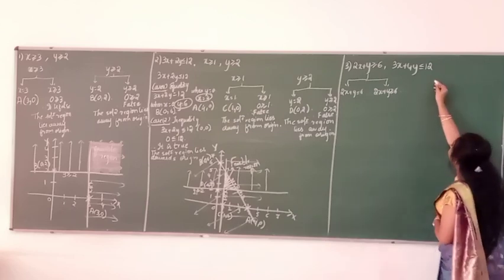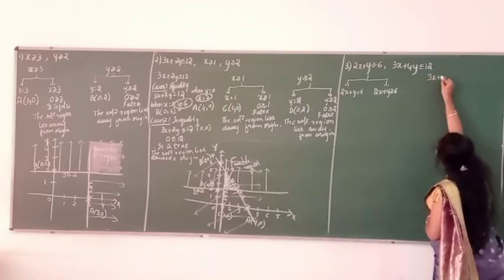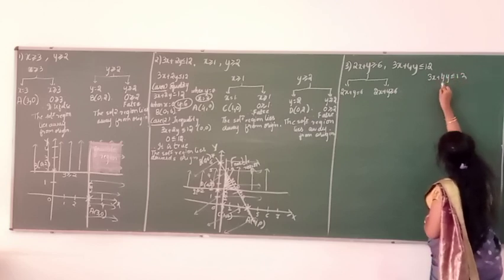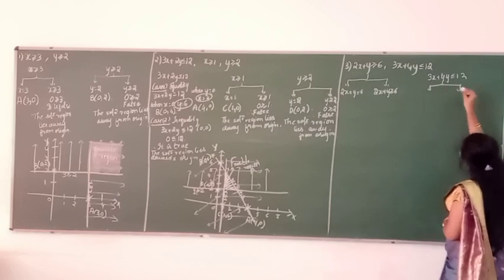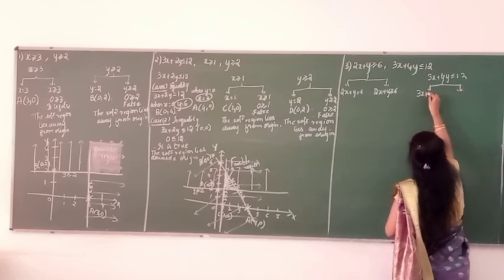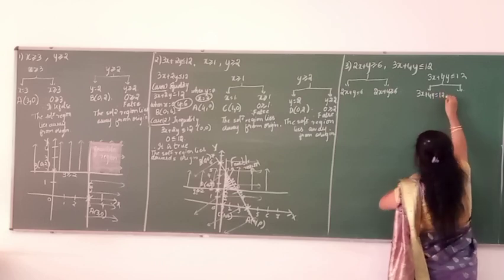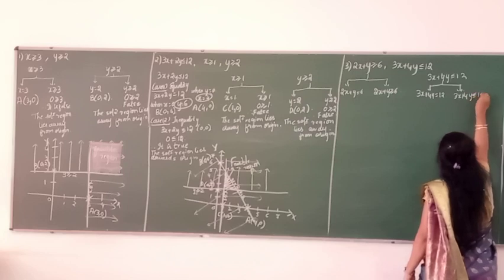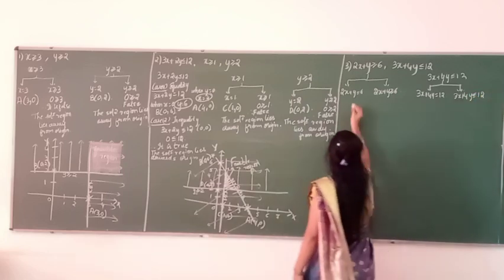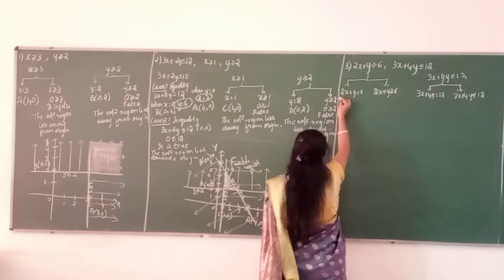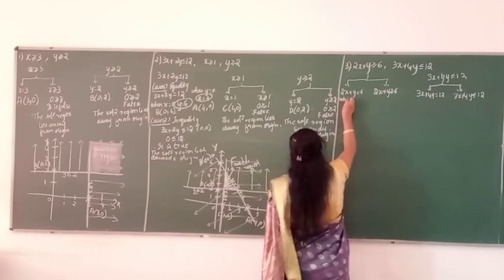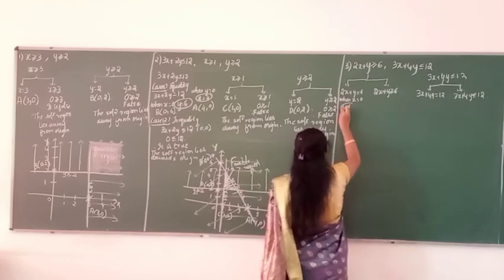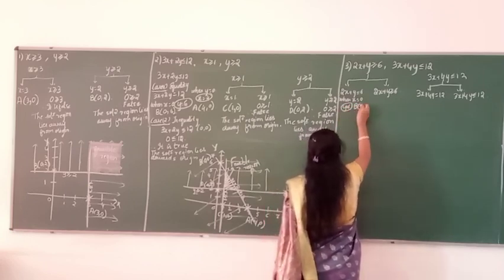And the second one, x plus 4y is equal to 12 and 3x plus 4y is less than or equal to 12. So in this condition I think we will be getting the answer here. When x is 0, y is 6, which is nothing but B (0, 6).